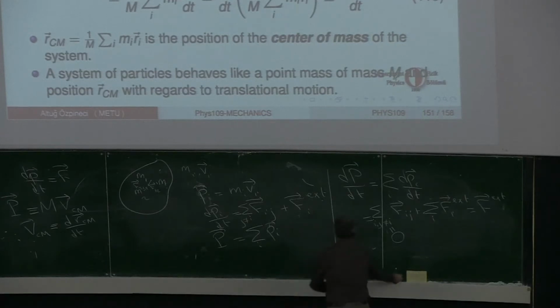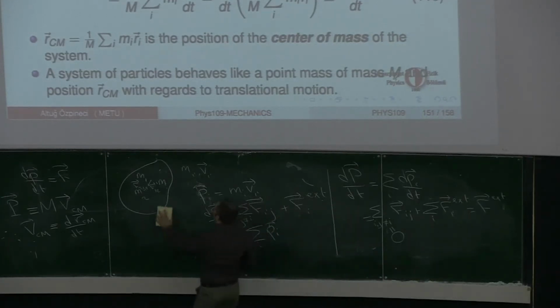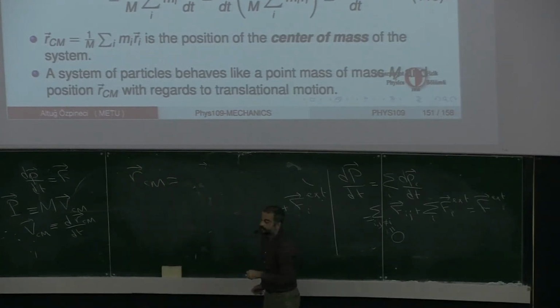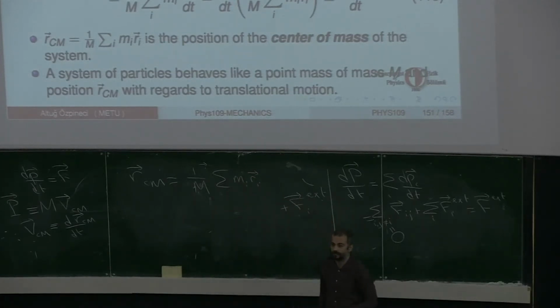So the center of mass of a system of point particles is defined as 1 over the total mass times the mass of each object times the position of that object, summed over all the point masses making up the system. This is how we define it.